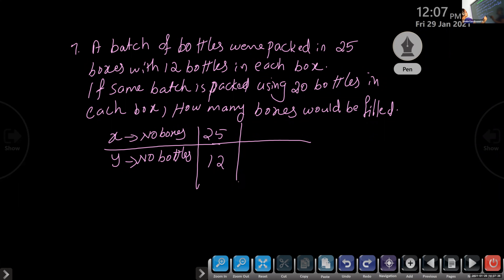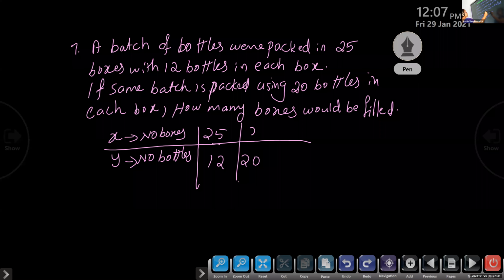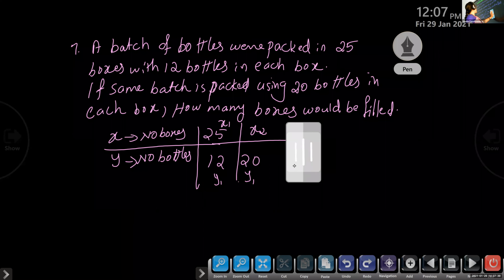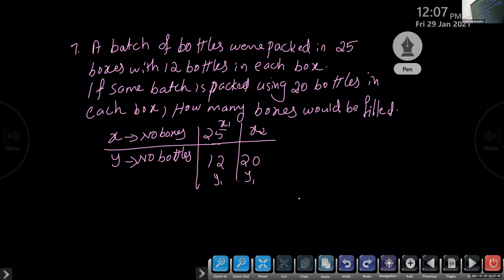And if the number of bottles increases to 20, boxes will reduce. That X2 will reduce. We need to find that. All of you try to get the number of boxes in the second case. If bottles increase to 20, how many boxes will be needed? Here X and Y are in inverse proportion.